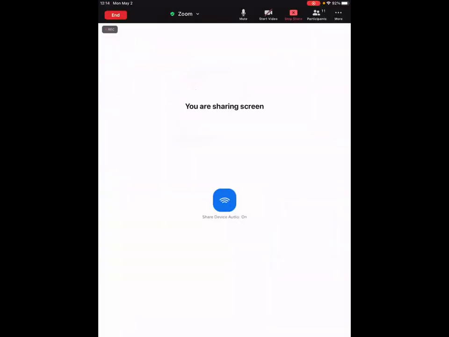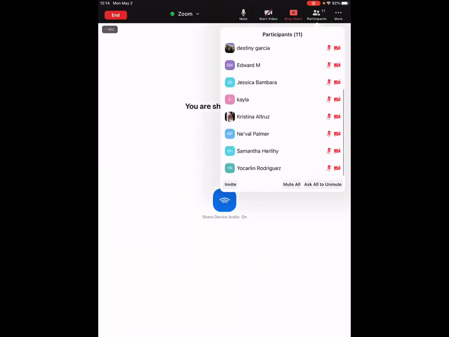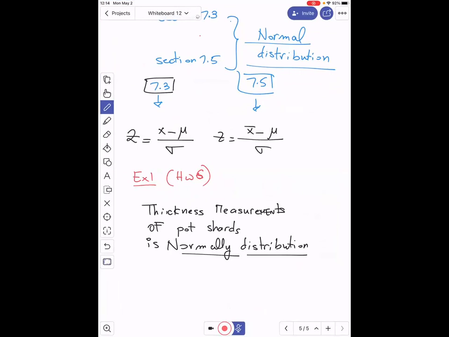So I was saying, the variable x is going to measure the thickness of the port charts. Anyway, as I said, the keyword is normal distribution.